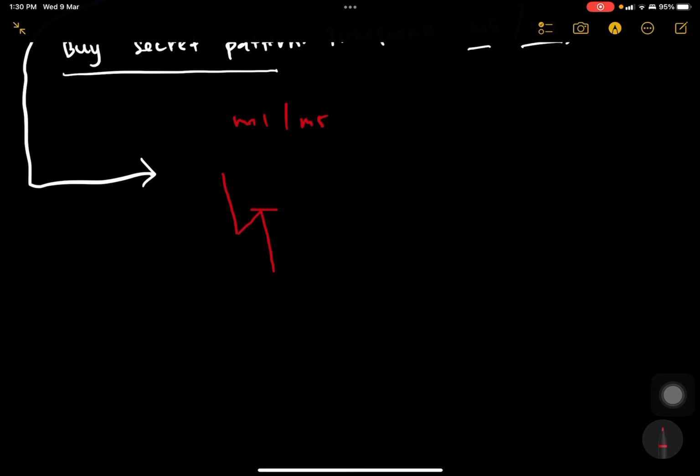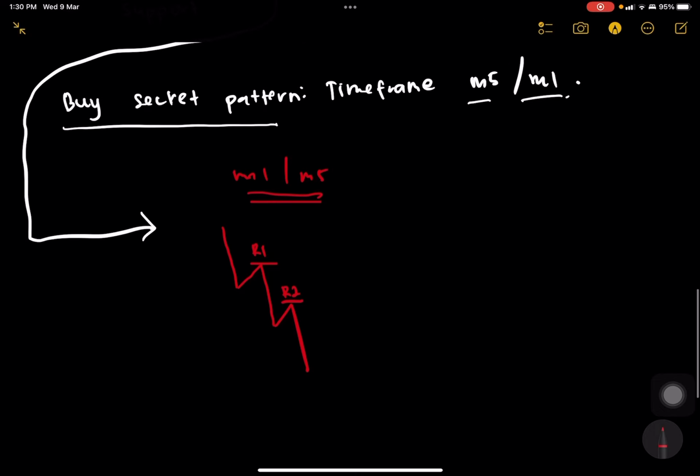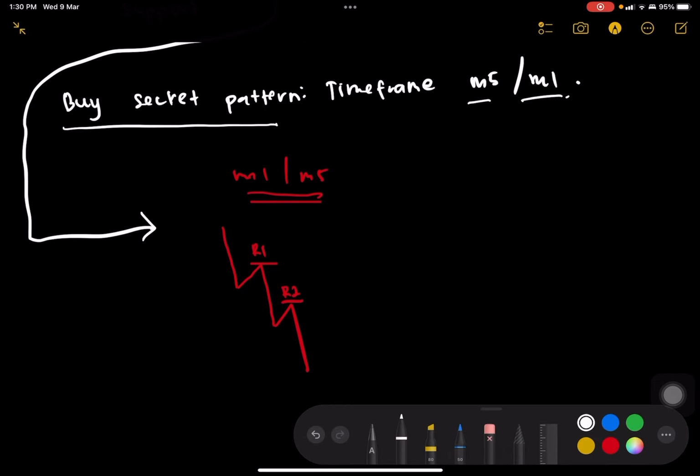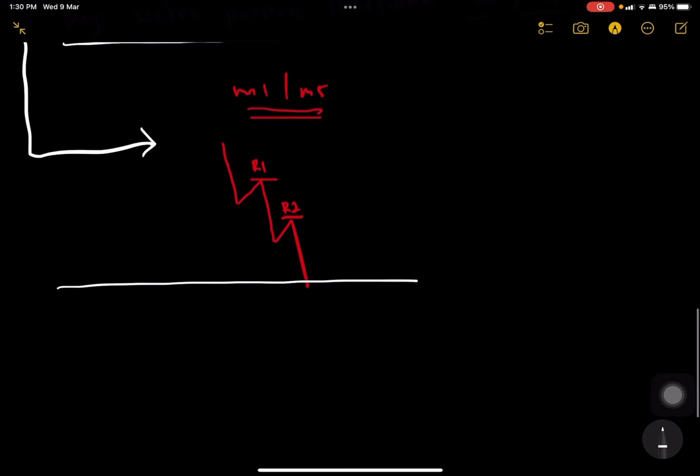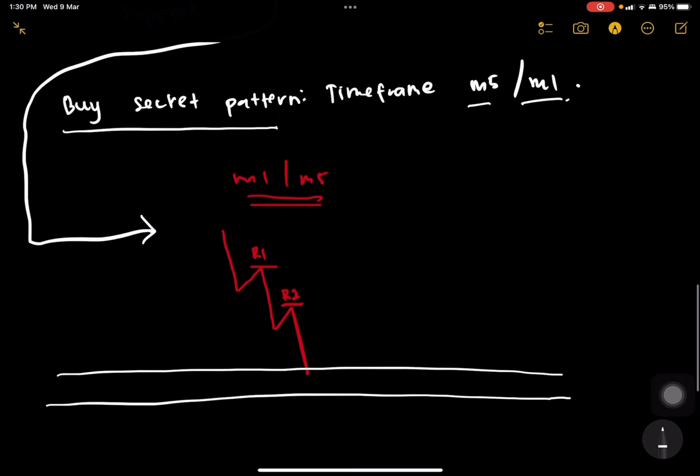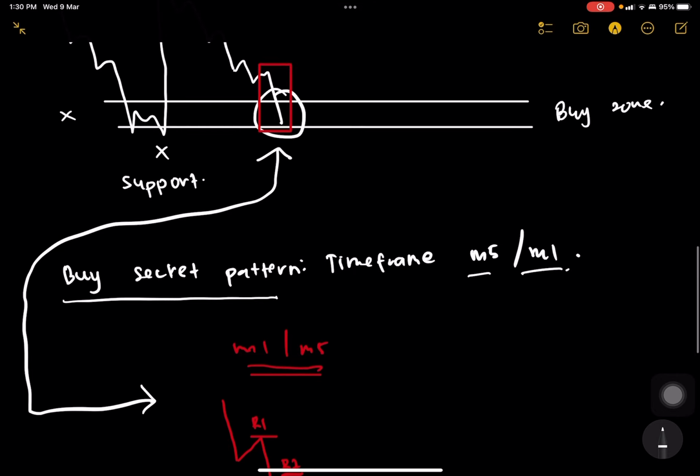Suddenly you see it goes one time upper, and it goes down and makes another resistance here. So here is R1, here is R2 in minute 5 or minute 1. Okay, you need to wait. Here is our support, where we already marked above.